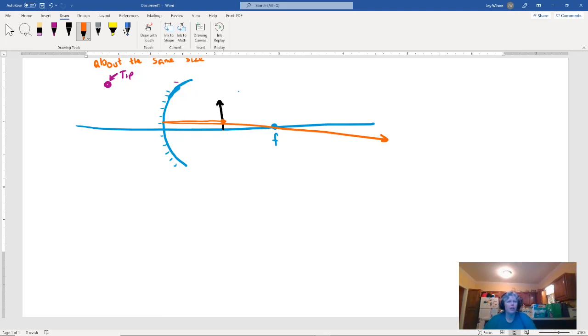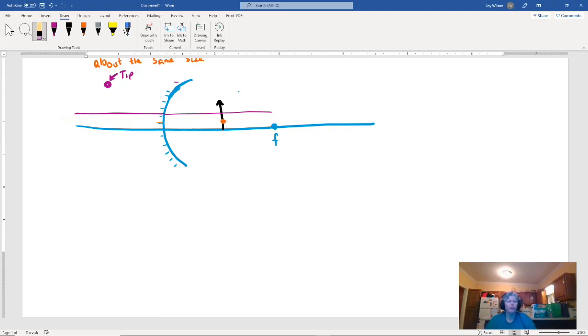We're doing the best we can right now, so we're going to live with that one. So that one's going to kind of go whoosh like that. And then we've got the one that comes in through the focal point. That one's a little easier to deal with, and it's going to hit here, and it's got to come out parallel. So it's going to be going like this.